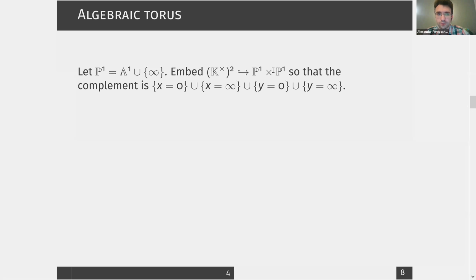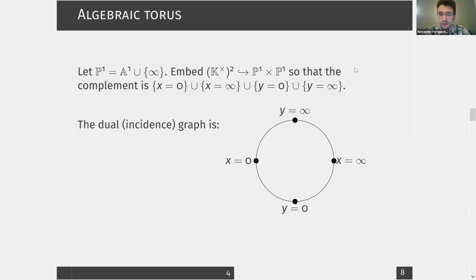And Y is the coordinate on the second copy. Then the complement to the torus consists of 4 curves. So the boundary divisor consists of 4 irreducible components, and we have the dual graph, the incidence graph, where irreducible components are vertices and the intersection points are edges. And this is the most important object in this talk.